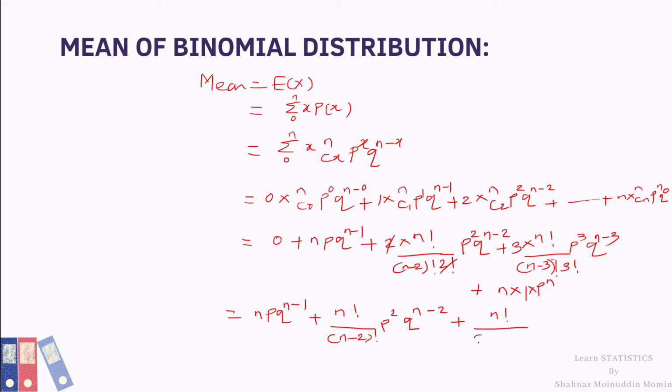plus n factorial divided by n minus 3 factorial into 2 factorial, since this 3 gets cancelled with the 3 from the 3 factorial, p raised to 3 q raised to n minus 3, and the last step is n p raised to n.